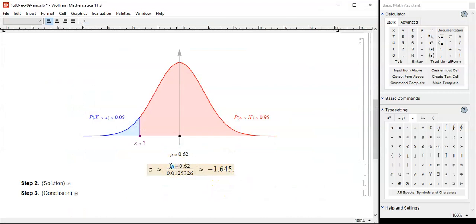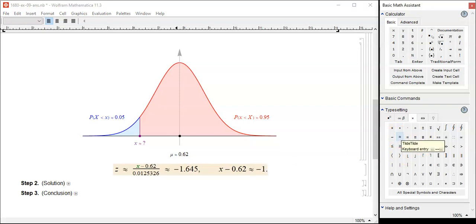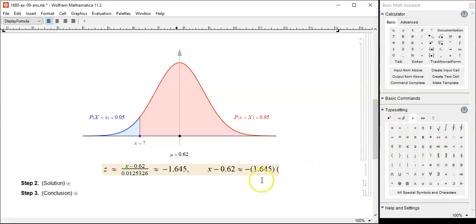And looking for this x value, that's not too bad. Flip this denominator to the other side, and times the standard error. And then keep calculating.